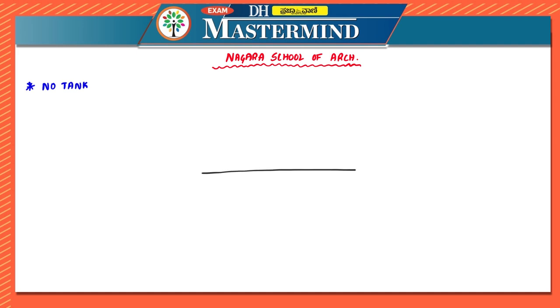Let us see an example for this completely. Let us construct a Nagara style temple and understand from the very basics. So the first one, you have a raised platform, and above this raised platform, you have steps over here.